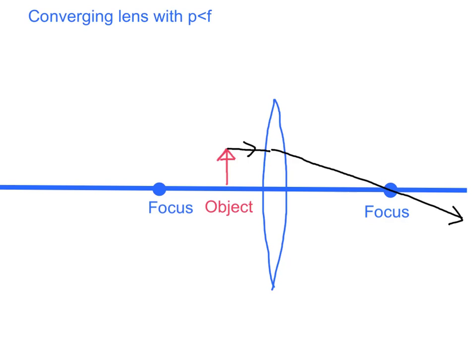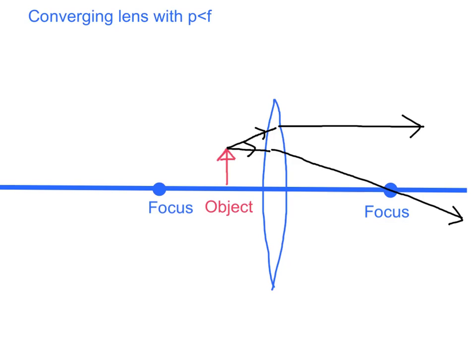A second ray we can draw, which will leave the object as if it were coming from the focus, and that ray will exit the lens going parallel to the principal axis.